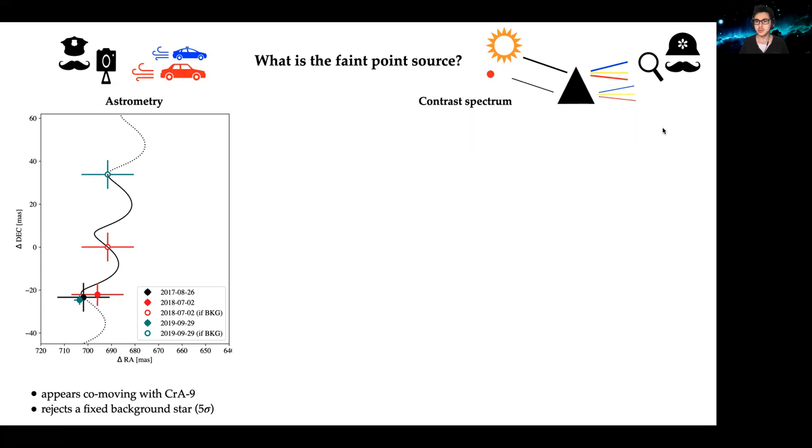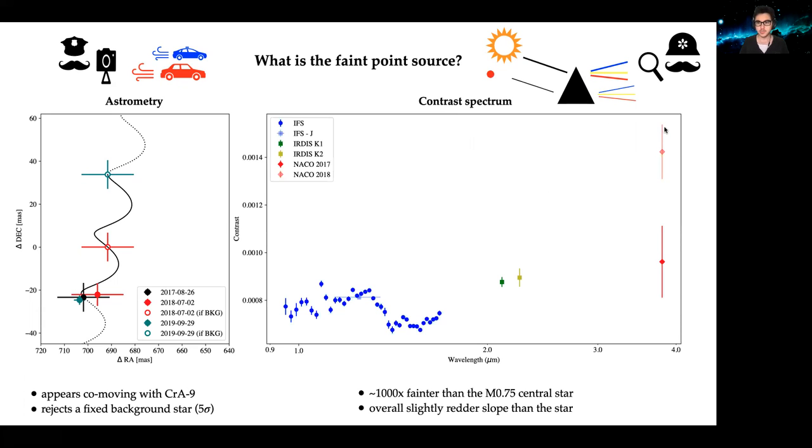Another diagnostic we can use is measuring how much fainter the point source is with respect to the star at different wavelengths, and building a contrast spectrum. When we do that, we see that on average, the point source is 1,000 times fainter than the star. You can also see that it appears to be redder than the star, which is another good sign.